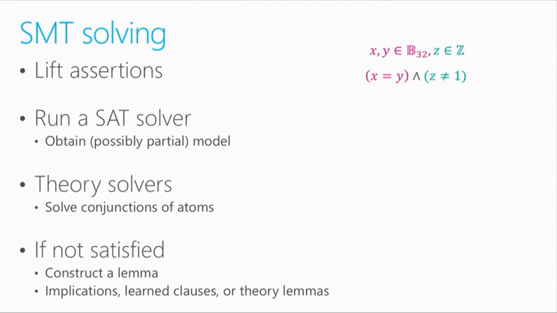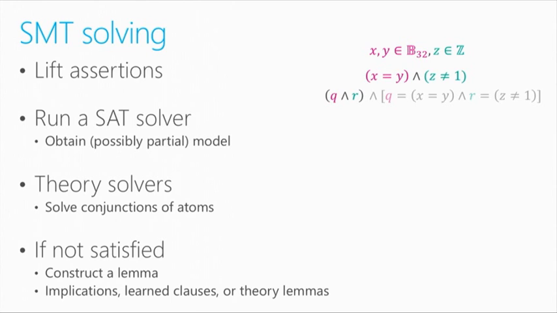We need to find a solution to x equals y and z is not equal to 1. And I've colored these atoms in different colors to show that the left part of this formula contains only bit vector variables, and the right part contains only integer variables. So it's relatively straightforward to separate these atoms so we can run the reasoning engine just for those theories.